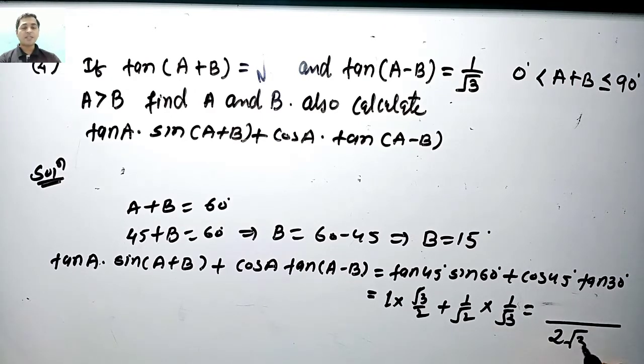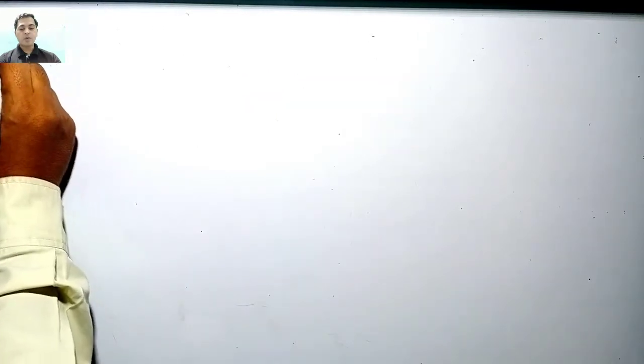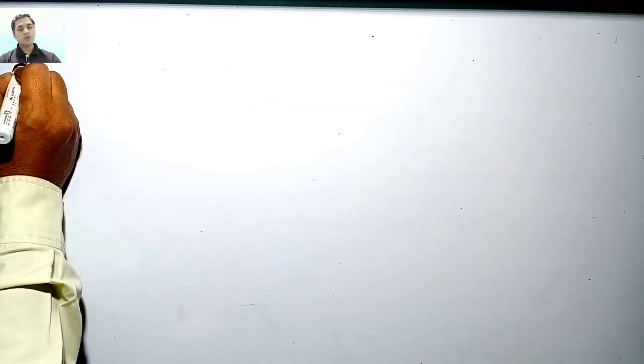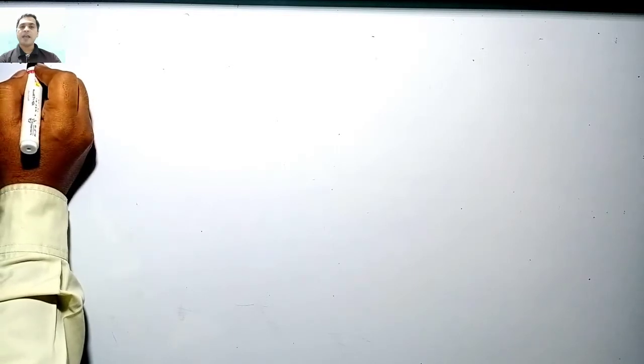Here the LCM will be 2 root 2. If we divide these denominators by 2 root 2 and simplify, in the numerator we will get 3 plus root 2 divided by 2 root 2. Right, student? Now moving to the next question of exercise 8.3.